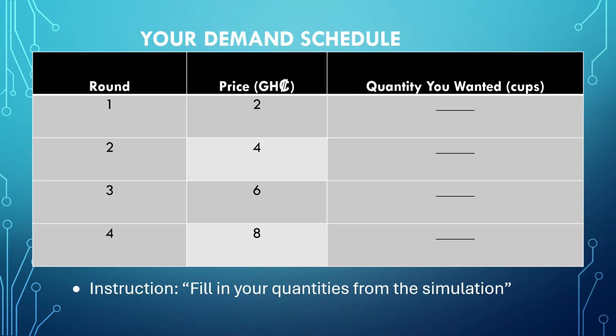In the second column, you see the price. In the third column, I want you to write the quantity you decide to buy at each price. So for run 1 at 2 Ghana cedis, write the number of calves you wanted to buy. For run 2 at 4 Ghana cedis, write the quantity, and so on for run 3 and 4 respectively.